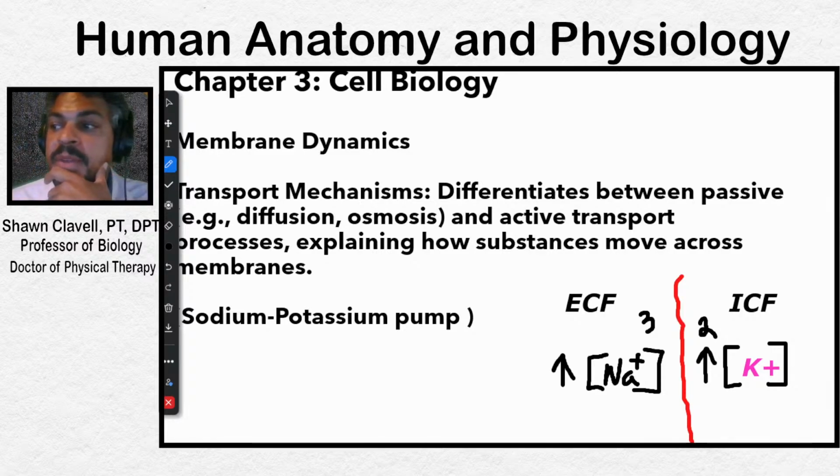Because this goes against concentration gradients, even though the 3 sodium are getting kicked out, even though there's a high concentration already, and 2 potassium are getting brought in, even though there's a high concentration already, this requires energy. It's going to require ATP to energize this endeavor.